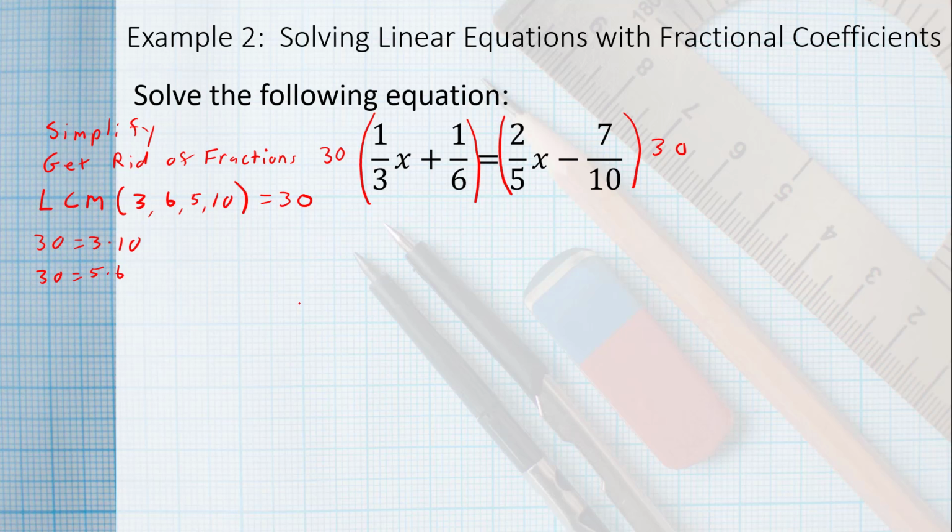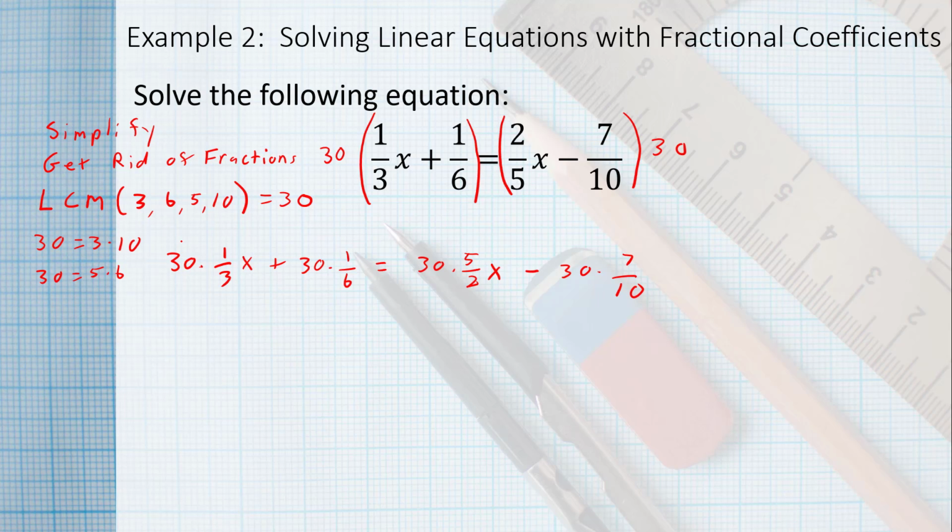And if we do, we will have 30 times 1/3 times x plus, using the distributive property, 30 times 1/6. And that will be equal to 30 times 5/2 x minus 30 times 7/10.